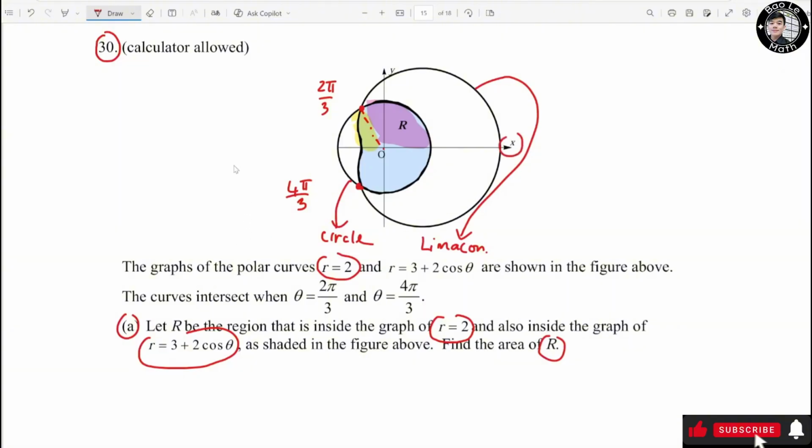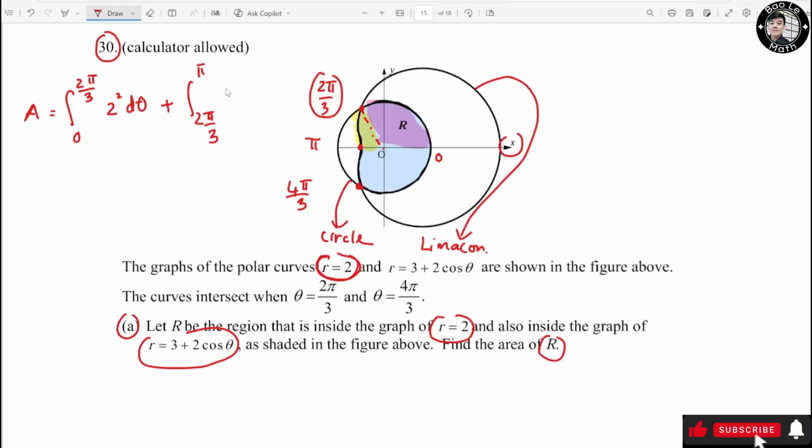So basically, the area is the integral from 0 to 2 pi over 3, the purple one right here bounded by the circle. The circle has the equation r equals 2, so we have 2 squared d theta, plus the area of the other one, from 2 pi over 3 to pi, bounded by the limacon.